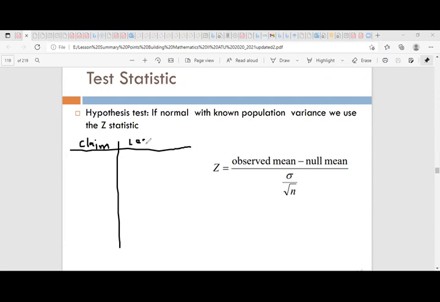So, the test statistic we're going to employ.